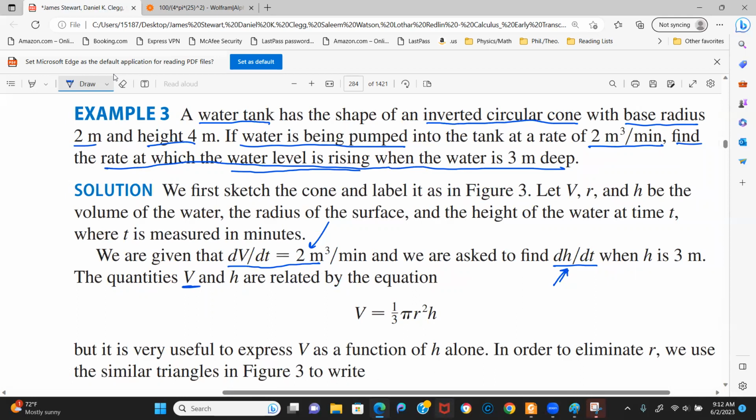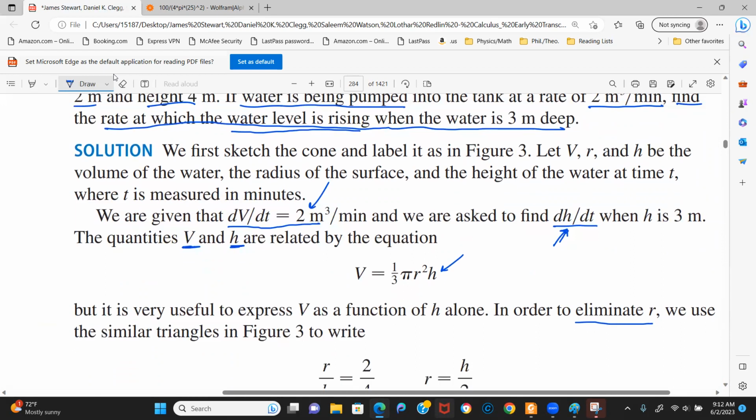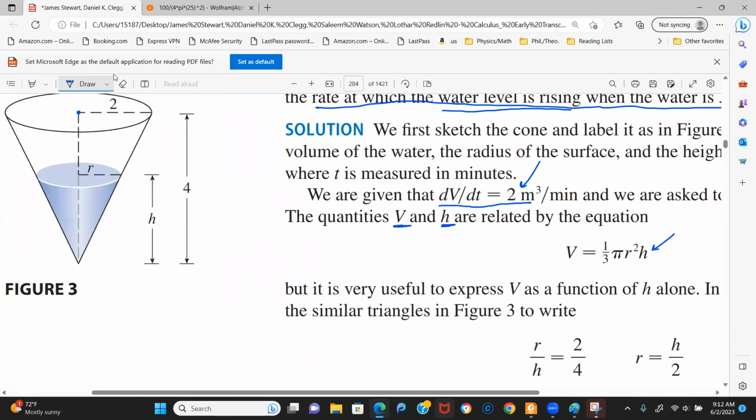We have a relationship between V and h given by this equation right here. But the problem is we don't really know anything about r, so we want to eliminate r. We're going to use a trick about similar triangles right here.